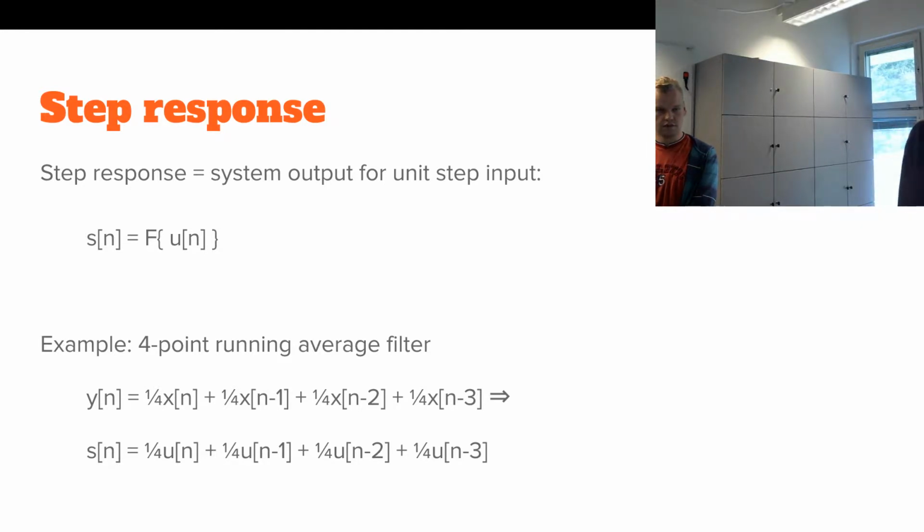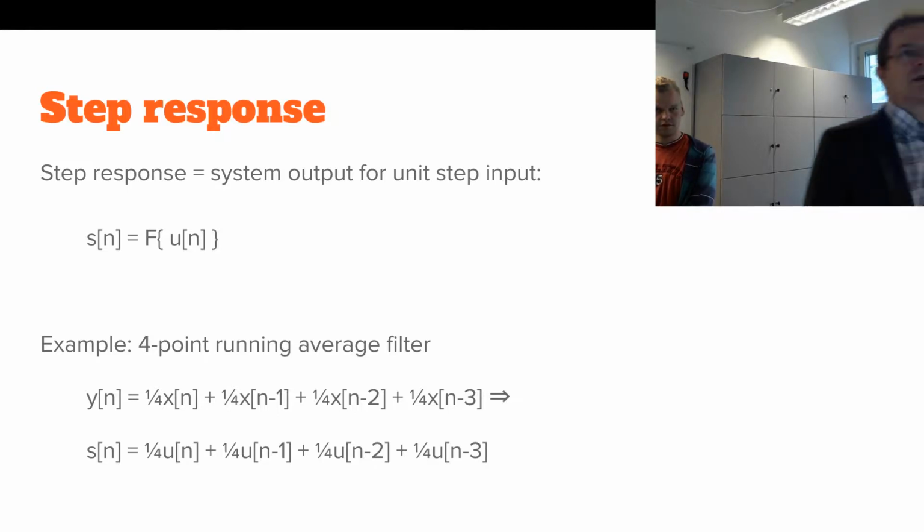So step response is extremely important in the analog world. In this digital world, it's not that useful anymore because everything can be derived from the impulse response, and it's a little bit easier that way.